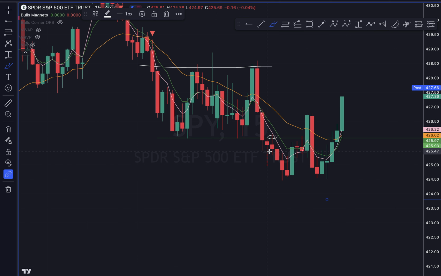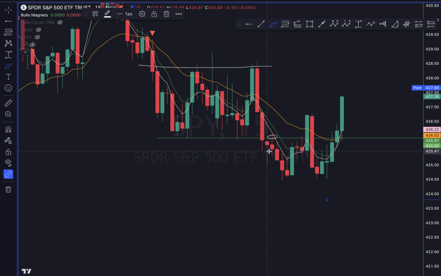Even though I was expecting price to go to this level today, which was my target of 423.30, price took this prior resistance, which was prior support here. Price failed to close below it, and then instantly bounced above, confirming that it was a fake out. And then I stopped the rest of my position at break even too.